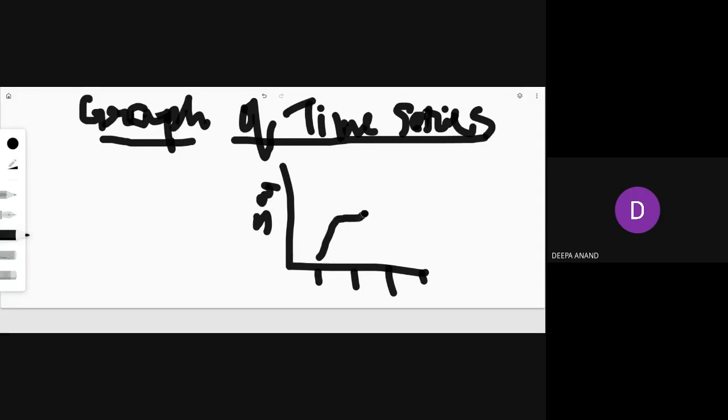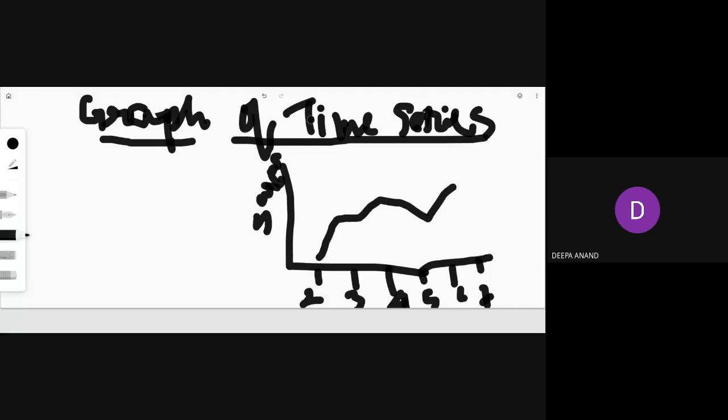The time series may go up, come down, and go up again, given like 2002, 2003, 2004, 2005, 6, 7, and the like. A particular variable, sales, at different points of time.